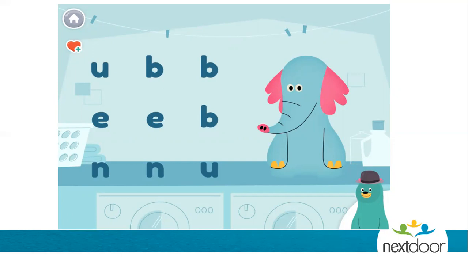So this is very much self-directed learning for your child. Depending on their age level and comfort with technology, you may not be asked to help your child get through this. The narrator will give them the directions. In this case, our bear would say, find the letter B, B as in baby. And then your child would click on that and they get immediate feedback on their success.